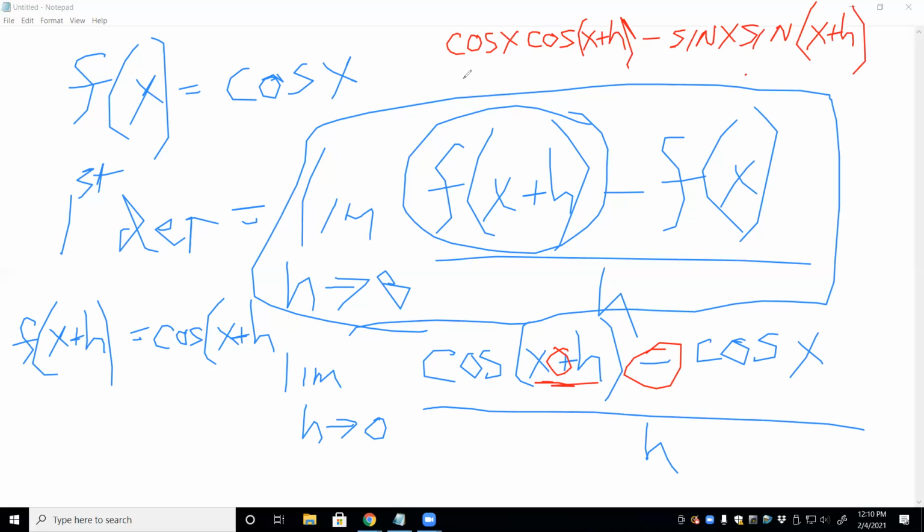And if you go through that math, you get minus sine of x. Now, that's not intuitively obvious.